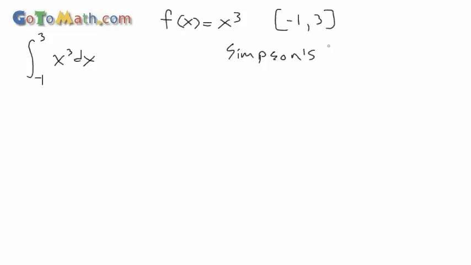So we're going to go ahead and state Simpson's rule. We're not going to really get into the theoretical aspects of it. I'm going to state it, and then that's going to be it.